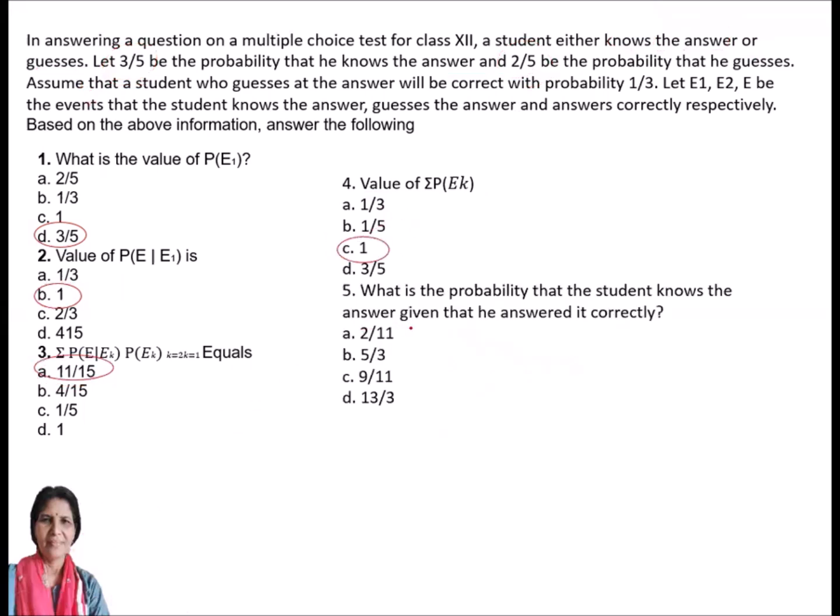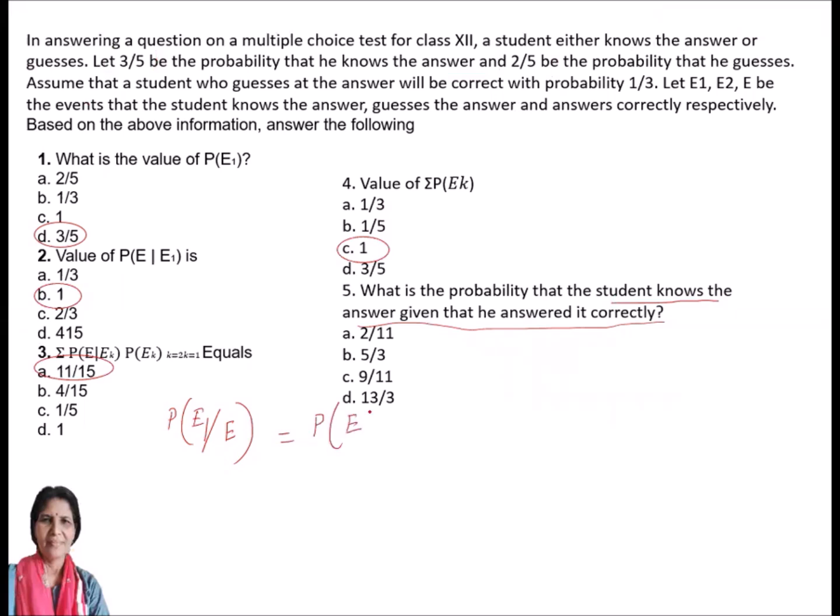Next, what is the probability that the student knows the answer given that the question is answered correctly? That means the question is about he answered correctly, but what is the probability that he knows the answer? So what is the expression?